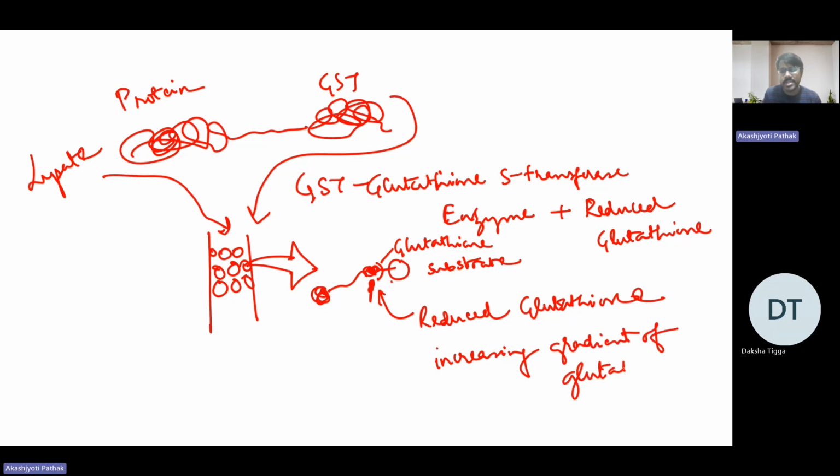Once you add increasing concentration of glutathione, your GST tagged protein will no longer bind to your immobilized glutathione. Rather, it will bind to your free glutathione and it will get eluted. Okay, that is the principle of GST column purification.